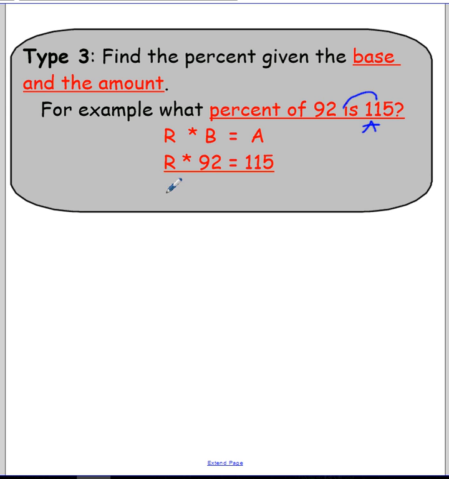But remember, R represents our rate as a decimal. So you need to make sure you turn R into a percent. Whatever you get as a decimal, you need to move that decimal 2 spaces to the right to get your rate in percent form.